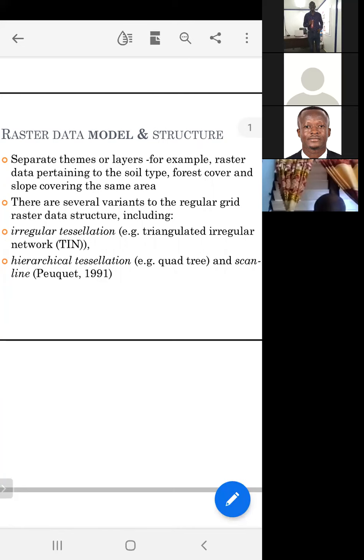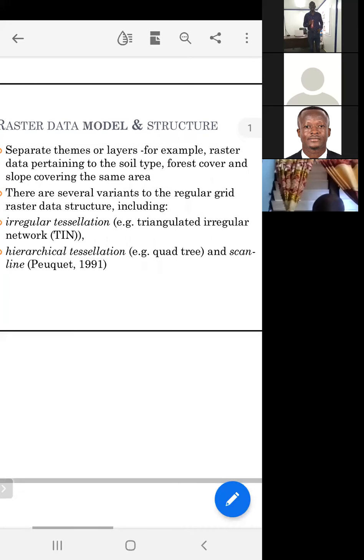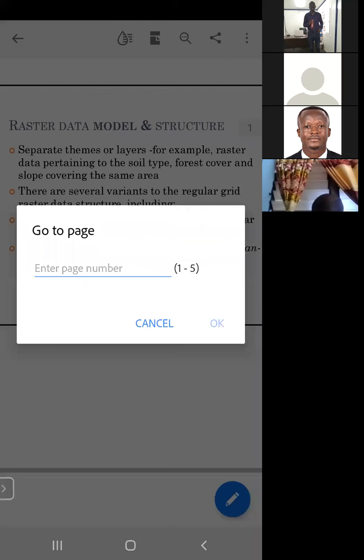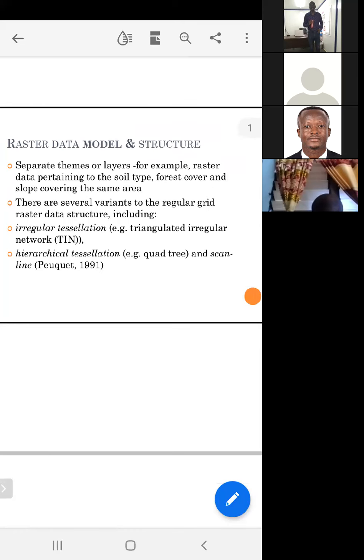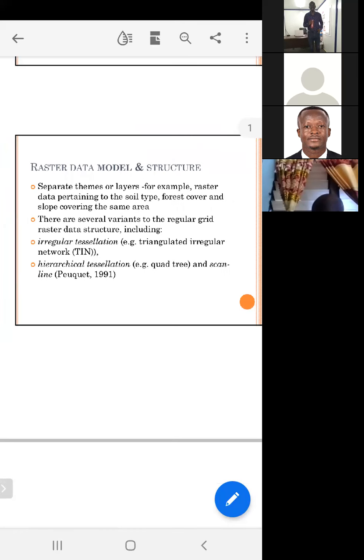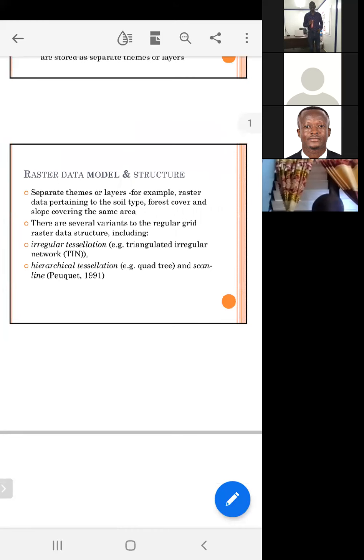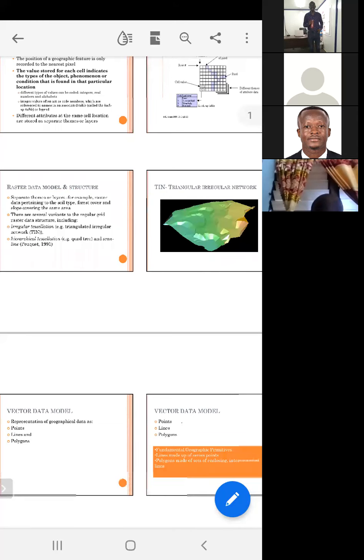But most of the terrain used in most of these gaming engines is actually making use of the TIN model, or the triangulated irregular network. Are you okay? All right. So we can also have the hierarchical tessellation, but ignore that quad tree and all that. These are different ways of representing the 3D surface. Are you okay? Everything that we are doing is within the surface.